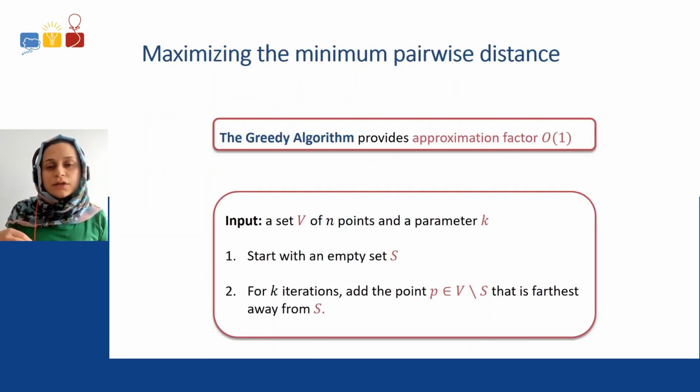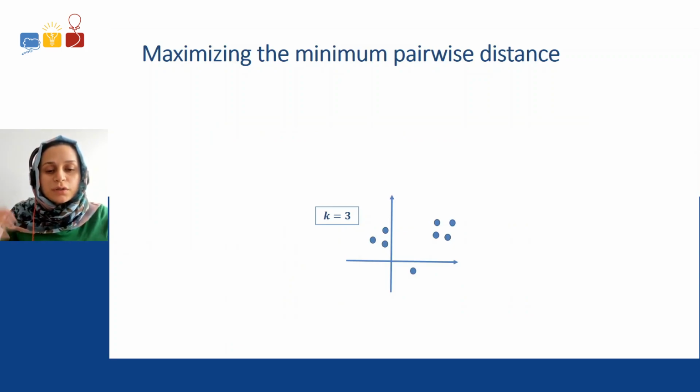So the greedy algorithm basically goes over k iterations, and at each iteration it picks the point whose minimum distance to the currently picked points is maximized. Okay, so maybe in the first iteration it picks some arbitrary point, in the second iteration it picks the point that is furthest away from the first point, and in the third iteration it picks the point whose minimum distance to the first 2 points is maximized.